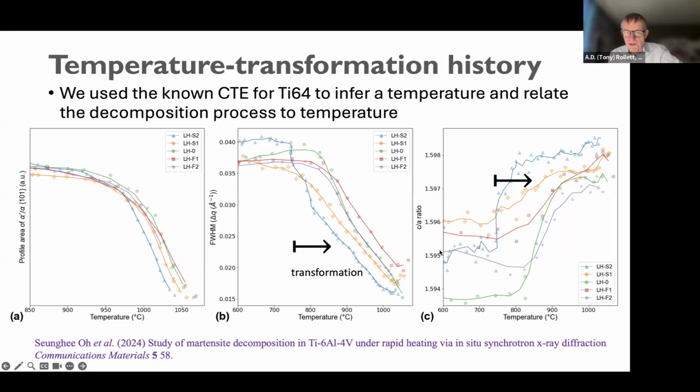If you look at the numbers, it's changing by a fraction of a percent, but that is in fact a consistent change, and people have tried to use that to tell the difference. So what's also interesting is you can track the decomposition of the alpha prime to form alpha plus beta just by looking at the C/A ratio in the hexagonal phase or phases.